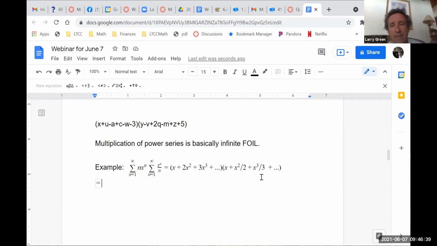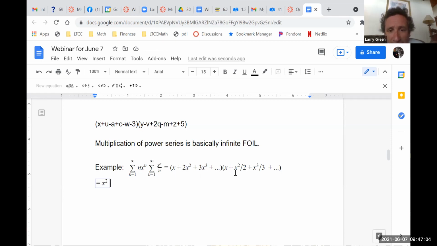Not x, but x squared. The lowest power you could get is just x times x, and there's only one way of getting x squared, and that is the first times the first. So that's just going to be x squared. Any questions on that?